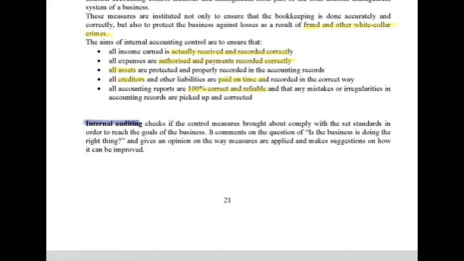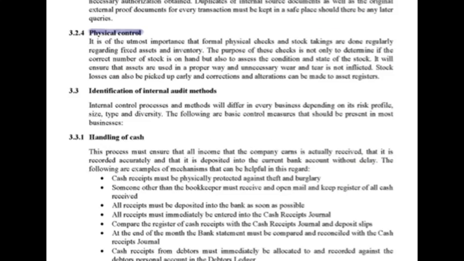It comments on the question of if the business is doing the right thing, and gives an opinion on the way measures are applied and makes suggestions on how it can be improved.